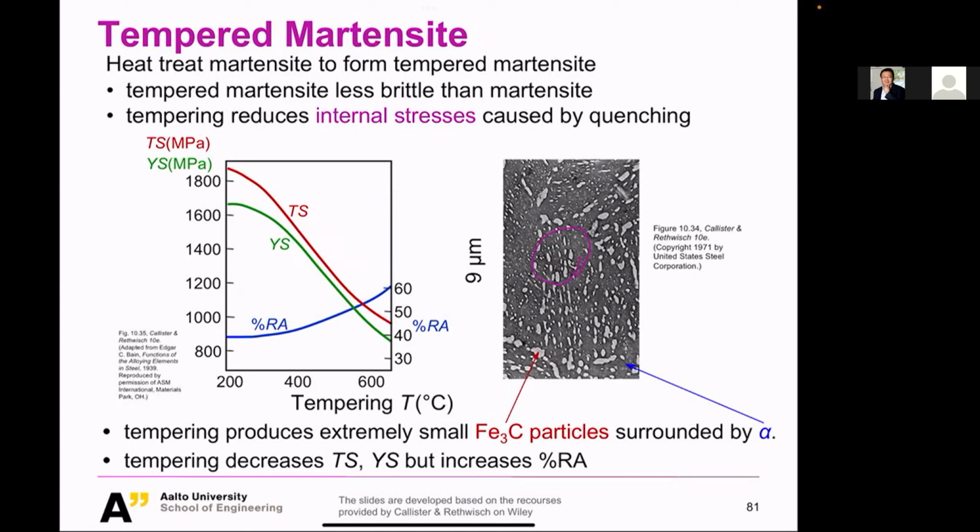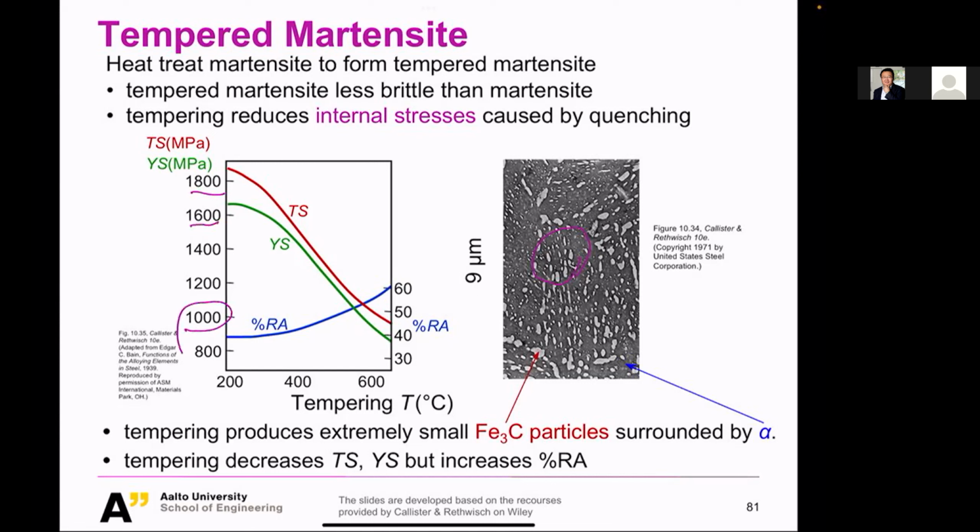And with this tempering, when you develop your tempered martensite, your strength is becoming smaller and smaller. As you can see, initially, your fresh martensite has a yield strength, tensile stress, of about 1600 or 1800 megapascal. And when you temper it, it becomes something around 1000 megapascal.